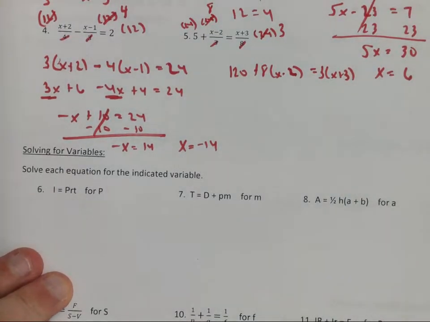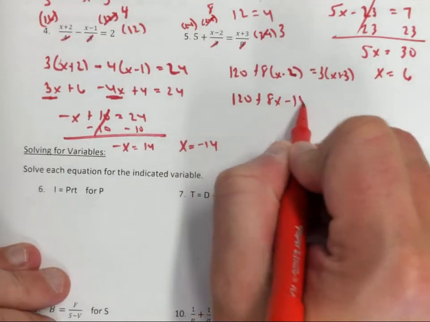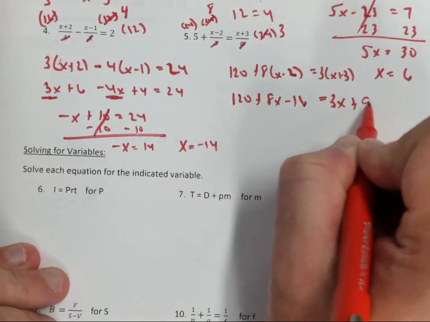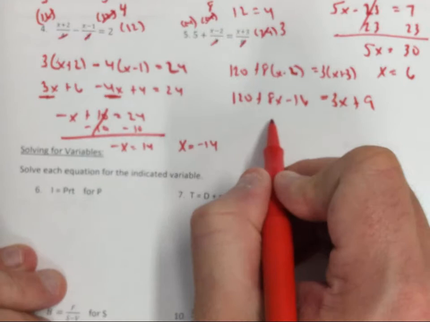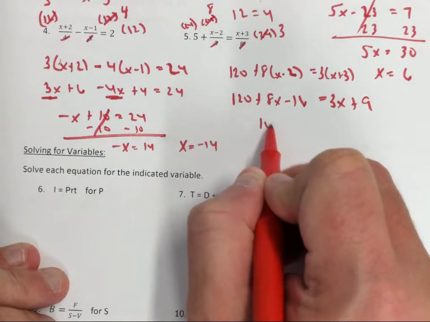I think that's it. Alright, 120 plus 8x minus 16 equals 3x plus 9. 120 minus 16, that's going to be 104.